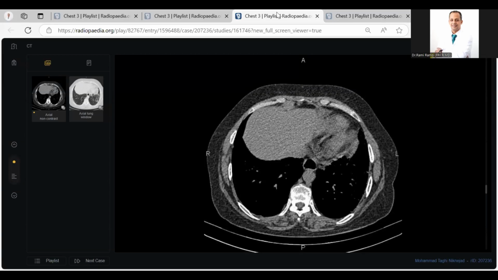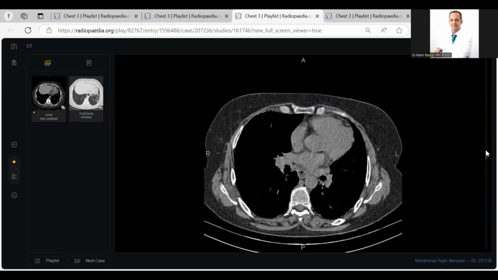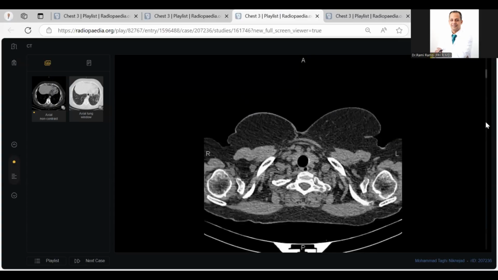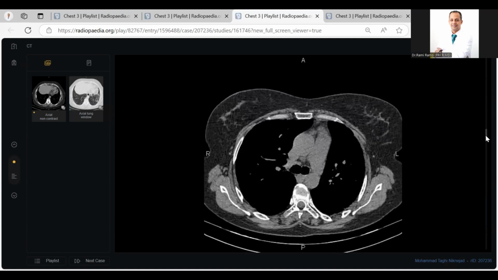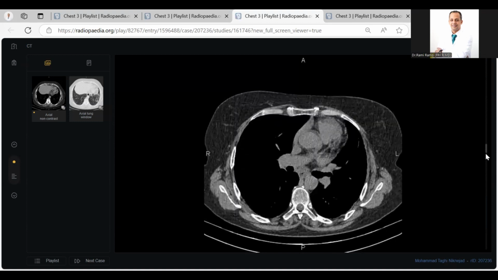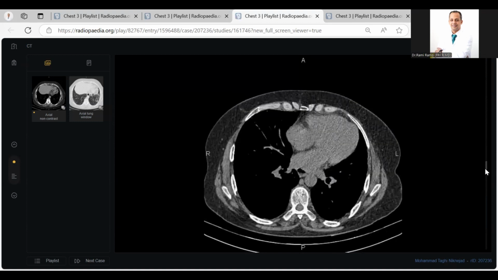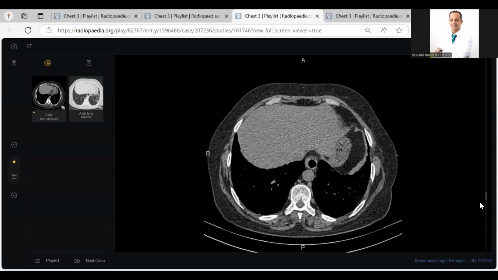Excellent. This is a 45-year-old female patient complaining of dyspnea. I have been presented with CT scan axial images of a thorax, soft tissue window, of a female patient who presented with a complaint of dyspnea.